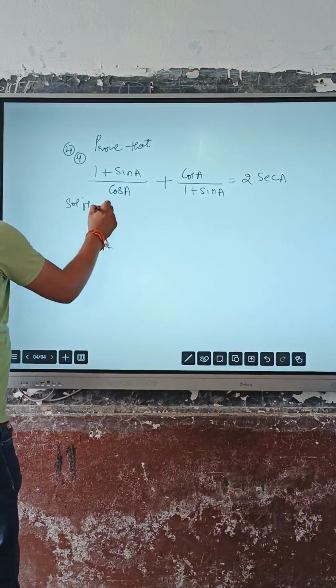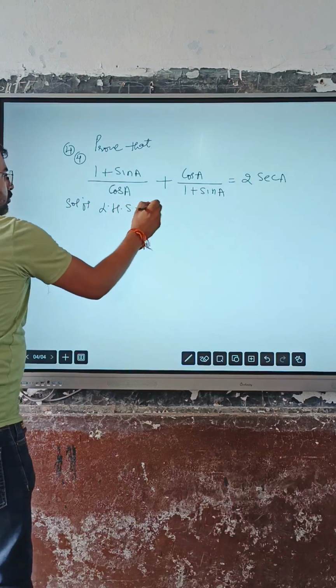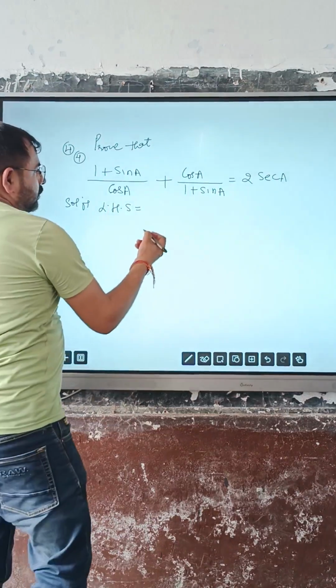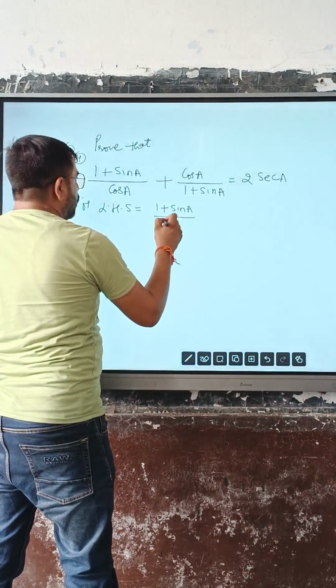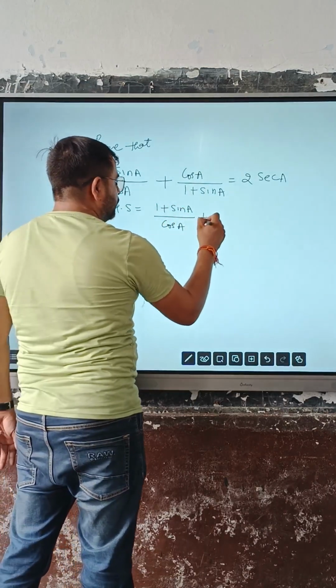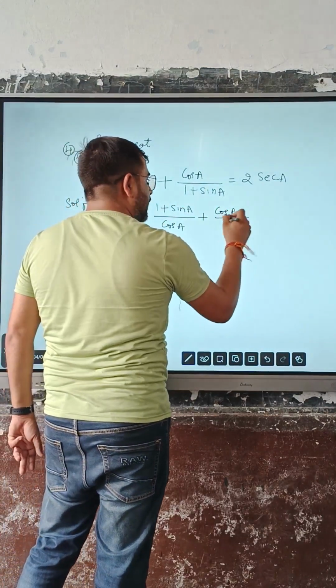So in the same question I am going to start with left hand side. So rewrite the left hand side, 1 plus sin A over cos A plus cos A over 1 plus sin A.